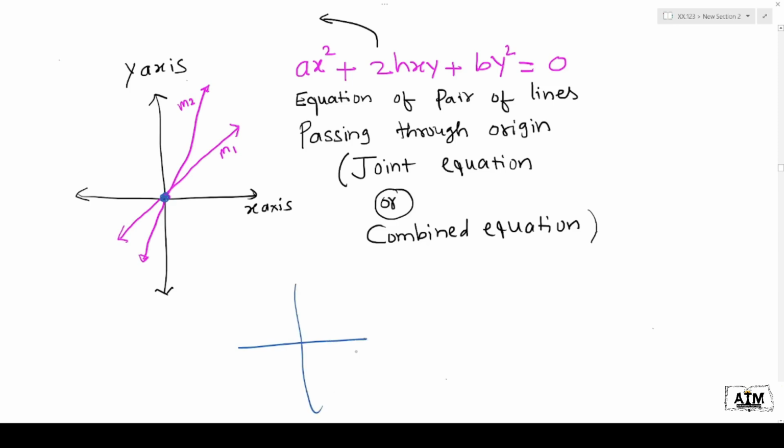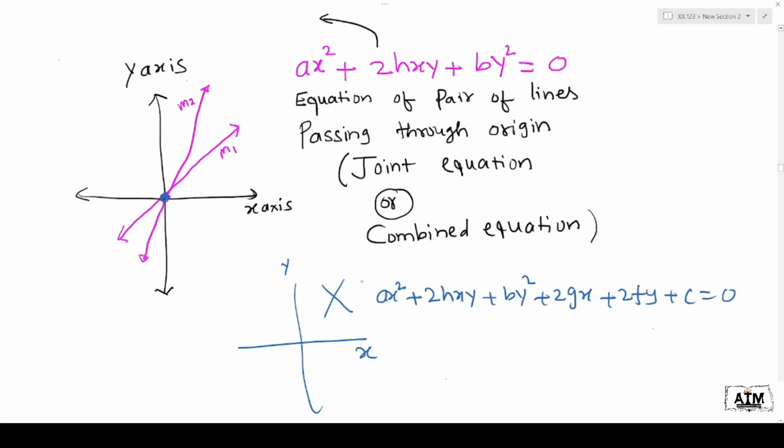For example, here is the x-axis and the y-axis. Now I have drawn two lines that are not passing through the origin. In that case, this equation is not valid. Another equation is needed: ax square plus 2hxy plus by square plus 2gx plus 2fy plus c equals to 0.